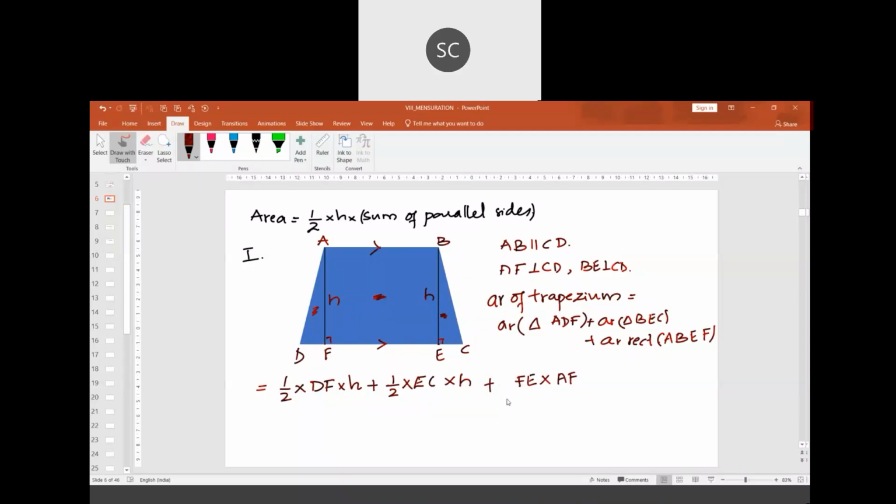H into H, we can write. So half into DF into H plus half into EC into H plus FE into AF.